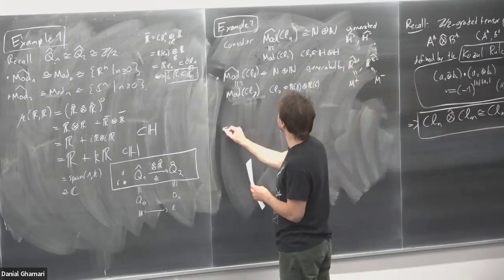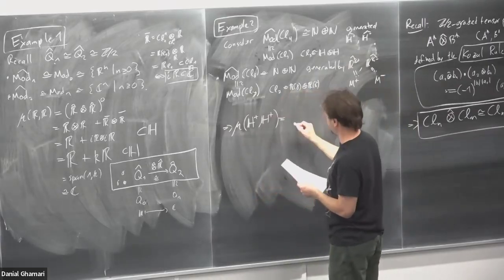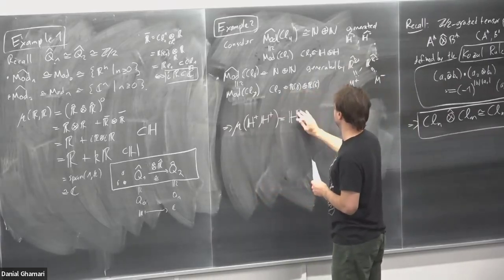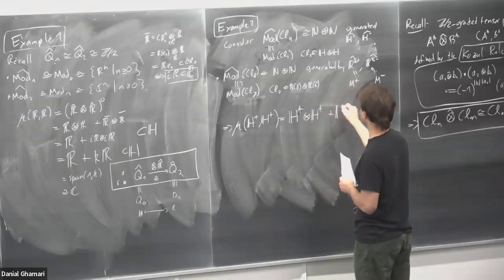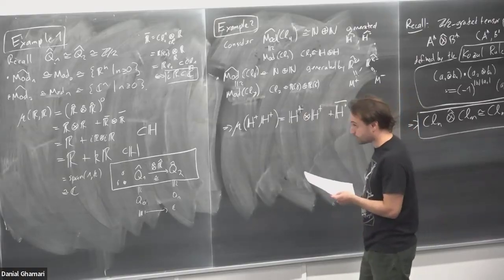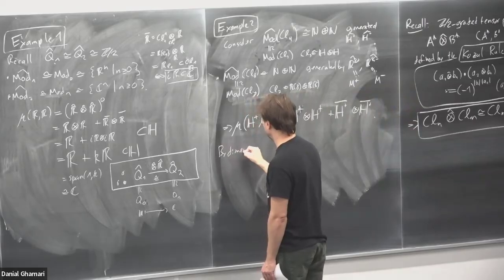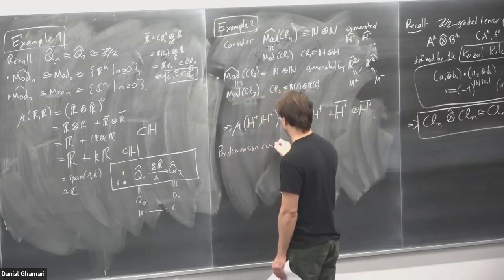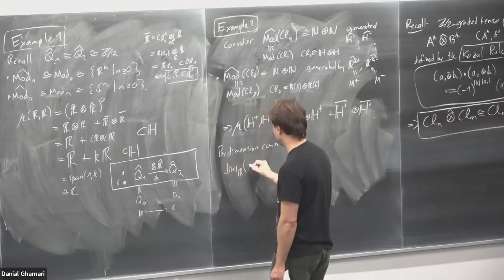Now, take the tensor product of plus and plus. You work it out, and you get the same thing that I found. So if I do a dimension count, then the dimension over R was the product.